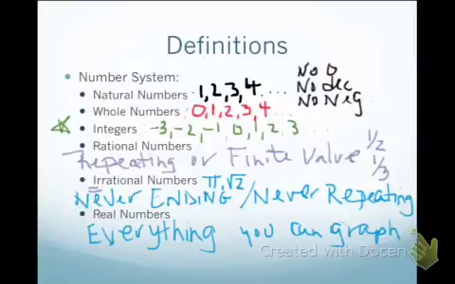So as you look at what it is that we can graph: -3 on a number line. We can graph 0 on a number line. I can estimate where 1/3 is on a number line. I can estimate where pi is, 3.14, and the decimal goes on and on and on, on a number line. So our real number system is saying, I'd like you to take all of these numbers and put them together.